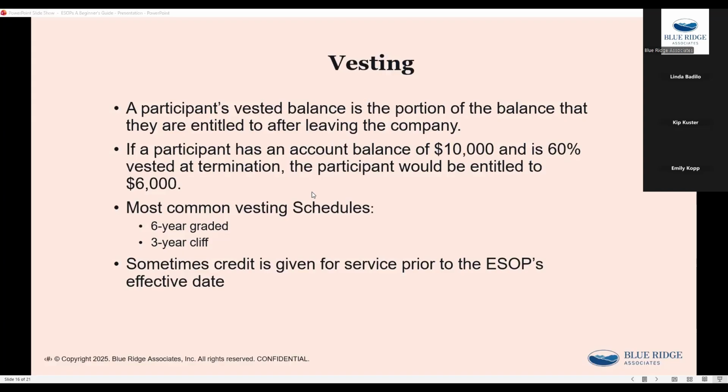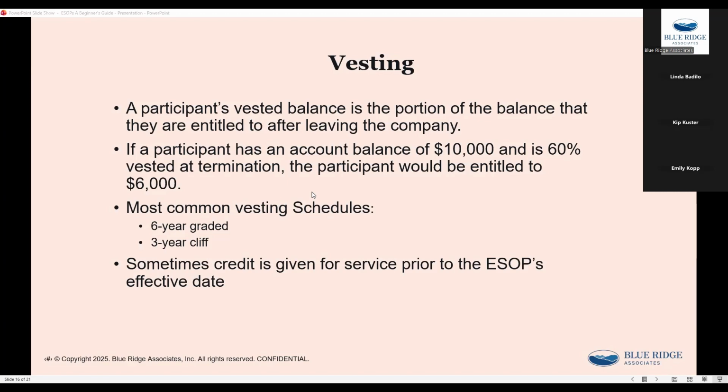Vesting is typically based on employee service with the company, as I mentioned before. Many times we see that years of service are defined by a number of hours that an employee works in a plan year. A lot of times we'll see immediate vesting applied or the vesting schedule to be waived if a participant terminates due to certain events such as death, disability, or attainment of normal retirement age.